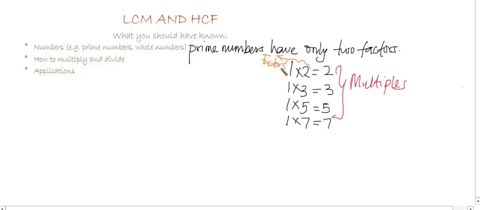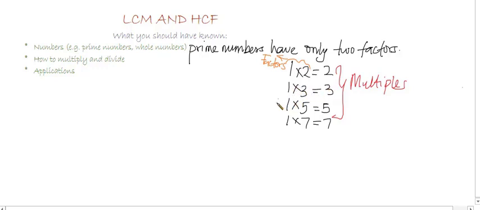So these are the only two whole numbers we multiply to give us these prime numbers. So we can say 1 multiplied by 2 are the prime factors of 2. 1 multiplied by 3 are the prime factors of 3, and it goes on like that.